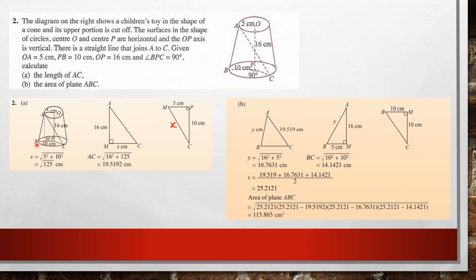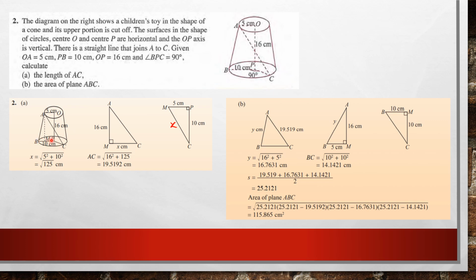Because B to P is 10, so MP is 5, BM is also 5. So using Pythagoras theorem, we get 16.7631. And BC, again by using Pythagoras theorem, we use 10 squared plus 10 squared. That means the triangle that is at the base, BPC.